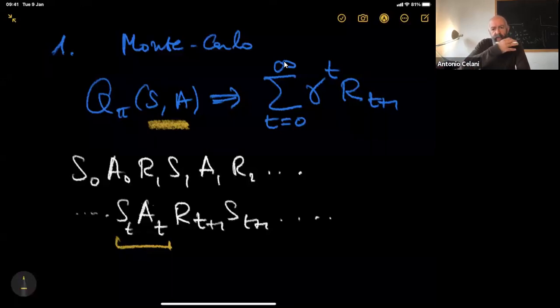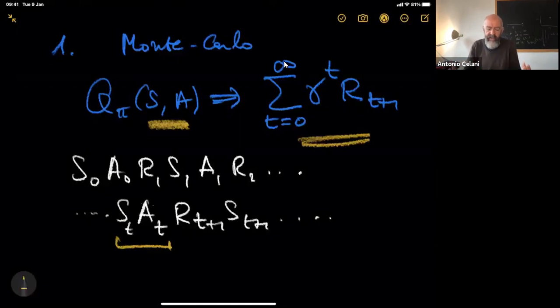Imagine you have an infinitely long stream of data, and you can compute this quantity starting from this pair. Then you move one step ahead and you repeat the same thing, and so on and so forth. So you are using the Monte Carlo approach.